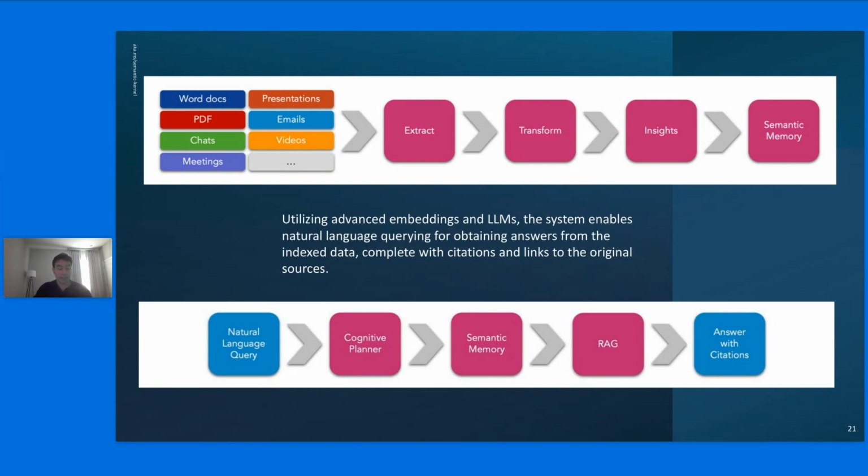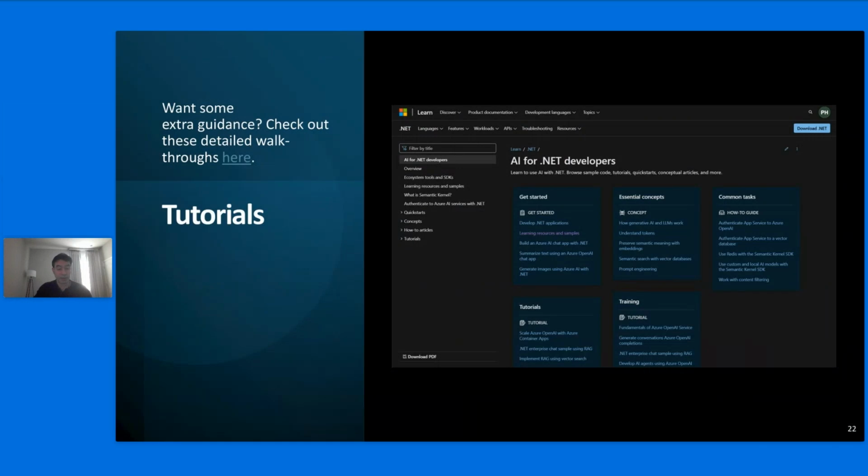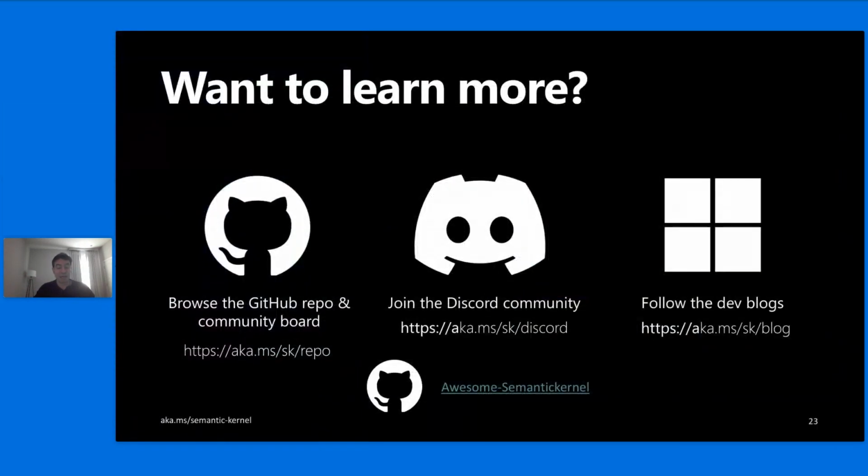Okay, let's go quickly. If you want to learn more about this, Microsoft has a site dedicated only to these things. We have the links here. Carter is doing a great job. We have the links, and here we have other things. We have a GitHub repo from Semantic Kernel.